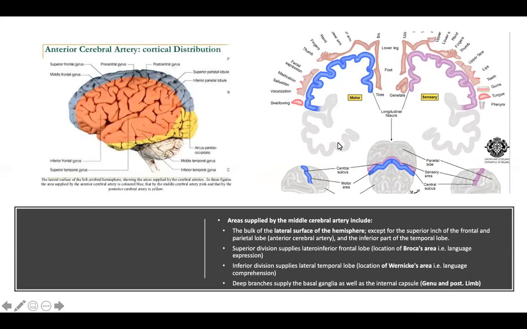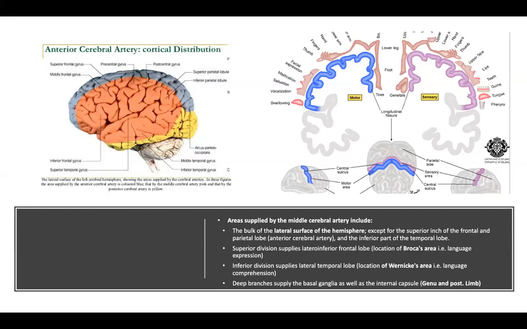If I have an MCA infarct, and we said that the MCA supplies the lateral aspect of the brain, which area of the body do you expect to be injured? Face and hands, excellent. So the person will have weakness in the upper part of the body and in the face. Of course, the person will have both motor and sensory involvement, but the upper part will be affected.